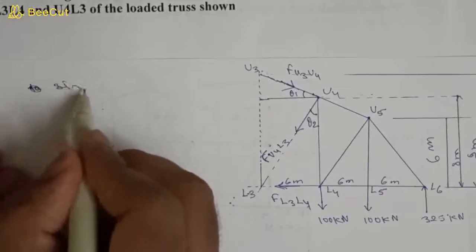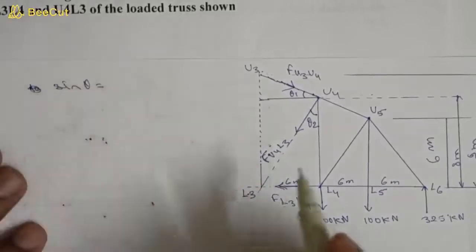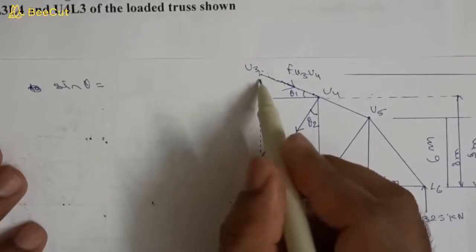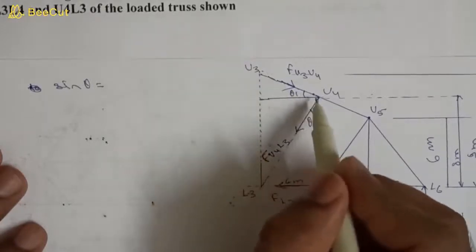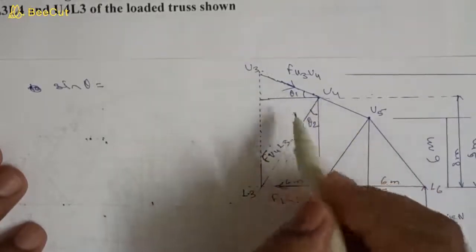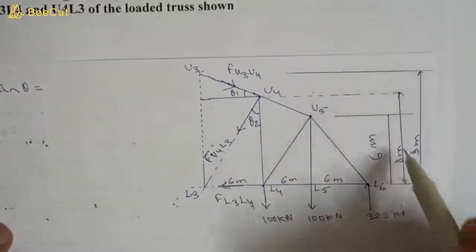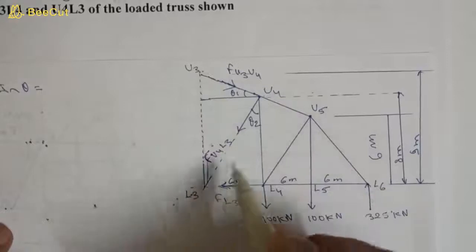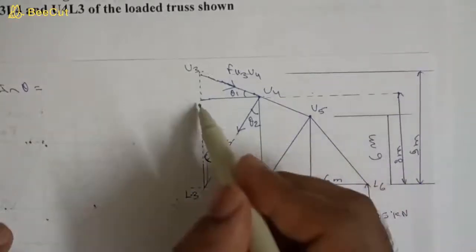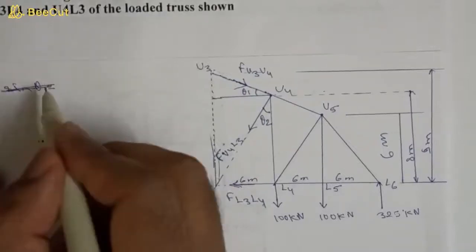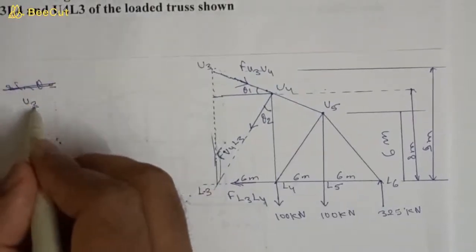Sin theta is equal to perpendicular upon hypotenuse. So hypotenuse we don't know, so this is 9 meter. You can see this total from here to here is 9 meter, and this one is 8 meter. So this one is 9 minus 8 is equal to 1 meter. So first of all we will find the length of u3 u4.